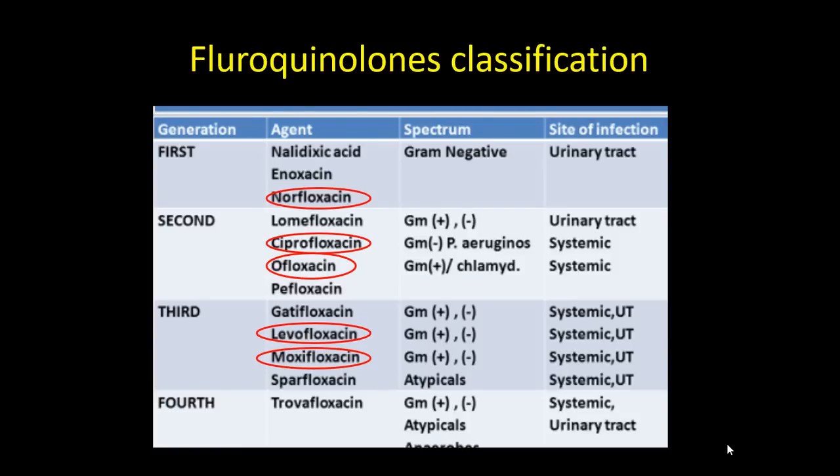Even today, for gram-negative infection of the urinary tract, the drug of choice is first generation norfloxacin. In case of hospital-acquired pneumonia, etc., including atypical coverage, levofloxacin is a great agent. We rarely use the second generation nowadays, and there are additional new antibiotics belonging to fluoroquinolones that we will be discussing in newer antibiotics.